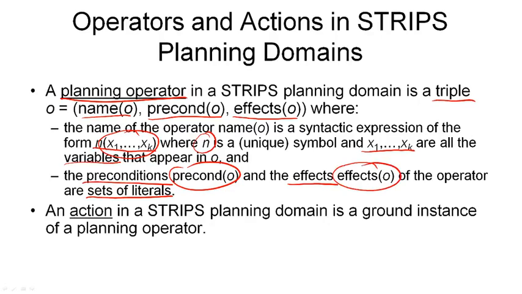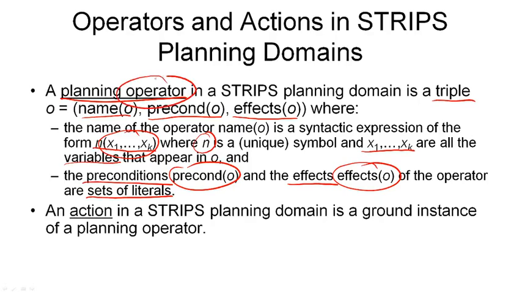Again, the effects can be literals, which means they can be positive or negative, and traditionally the positive literals that are effects are often referred to as the add list, as this is something that is asserted in the new state after an action is applied, and the negative literals are referred to as the delete list, as these are removed from the state.